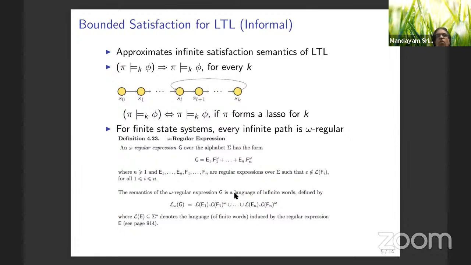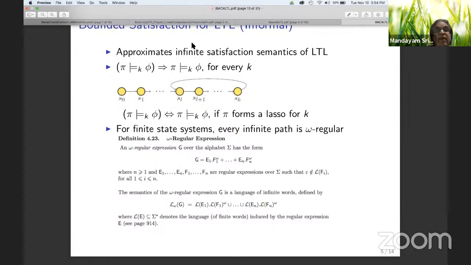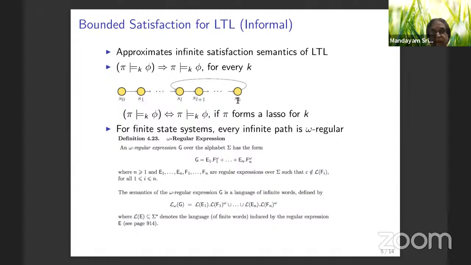So in that sense it is good enough to define and check for paths that lasso, because these are the only kinds of infinite paths that finite state systems can generate. Okay, so is that clear?